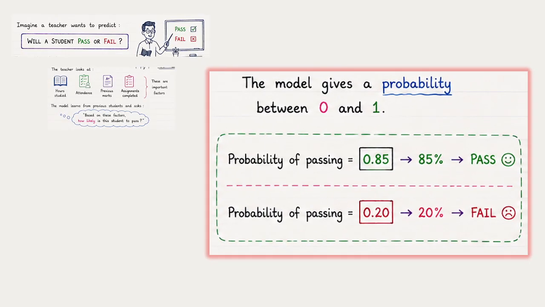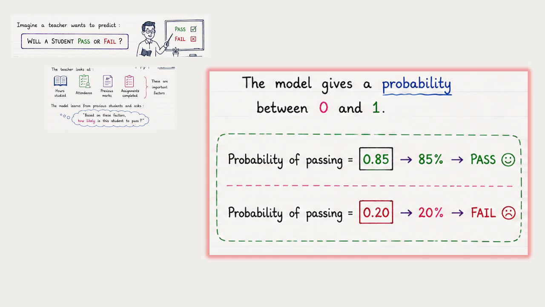The logistic regression model calculates a probability, and probability will always be between 0 and 1, right? We all know that. So depending on the student's study hours, attendance, previous marks, assignments, and other factors, the model calculates a probability. For example, suppose the model gives a probability of 0.85.